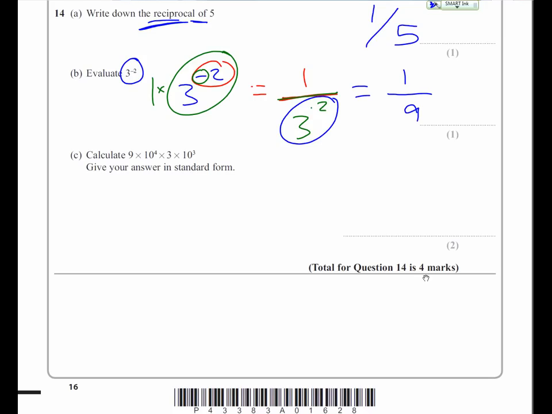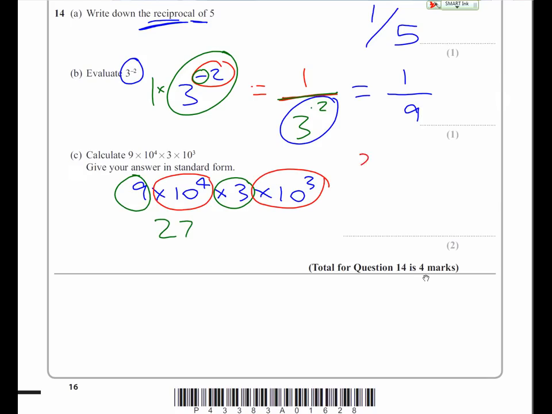Part C, calculate 9 times 10 to the 4 times 3 times 10 to the 3. Now the normal bit of maths here is the normal 9 times the normal 3. So 9 times 3 is 27. The bit of indices laws is if you've got something to a power times by something to another power, you can just add the powers in your answer, as long as this number or letter is the same.